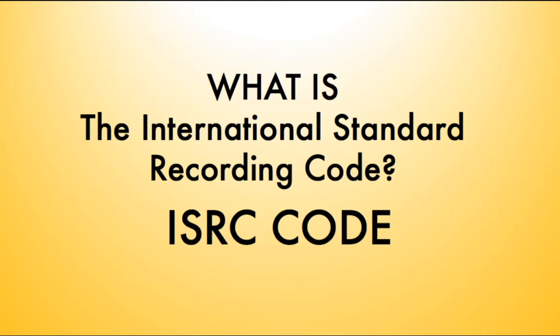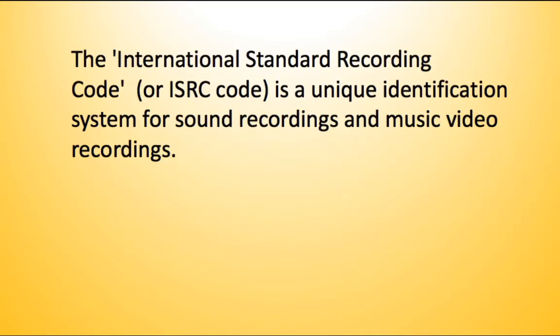What is the International Standard Recording Code, better known as ISRC for the rest of this lesson? The International Standard Recording Code is a unique identification system for sound recordings and music video recordings.